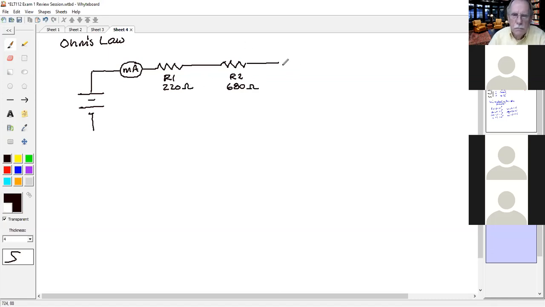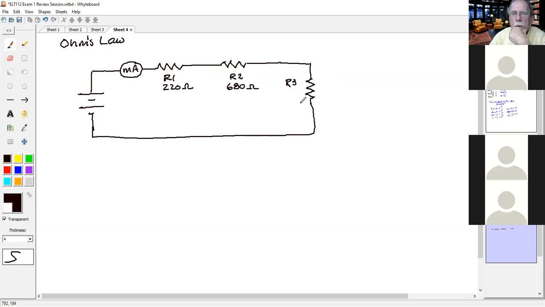I'll give you the rest of it in a minute. And let's say this is R3, 1.1 K ohms.